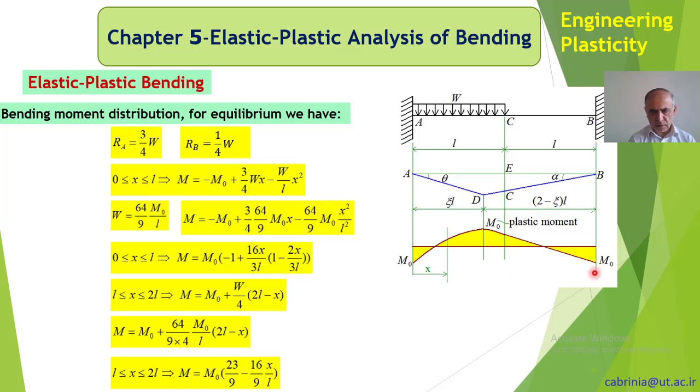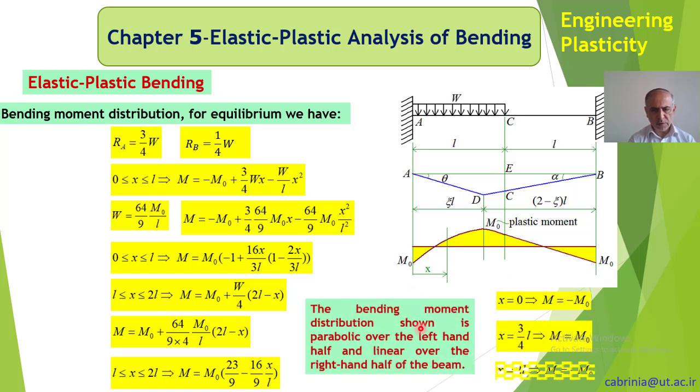As x increases, we can get M. The bending moment distribution shown is parabolic over here, from there to there it is a curve, but from here to there, because there is no load applied here, only load applied over there, we get a linear line.